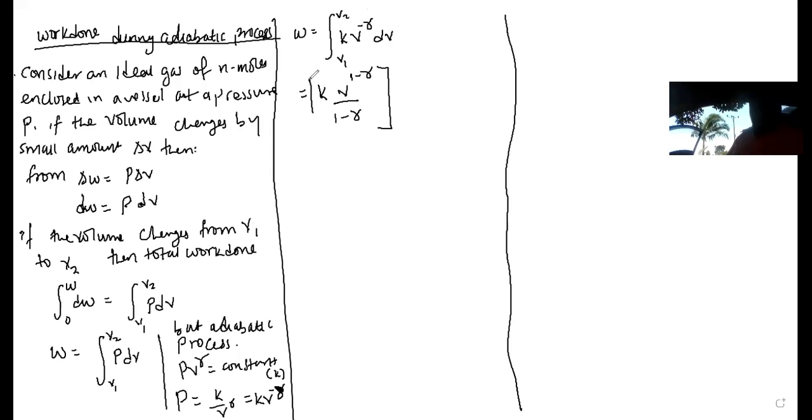And this is going to change from V1 up to V2. Remember, if you're integrating, the power has to increase by 1. So this would have been K V power negative gamma plus 1 divided by negative gamma plus 1. That's how it comes into this.